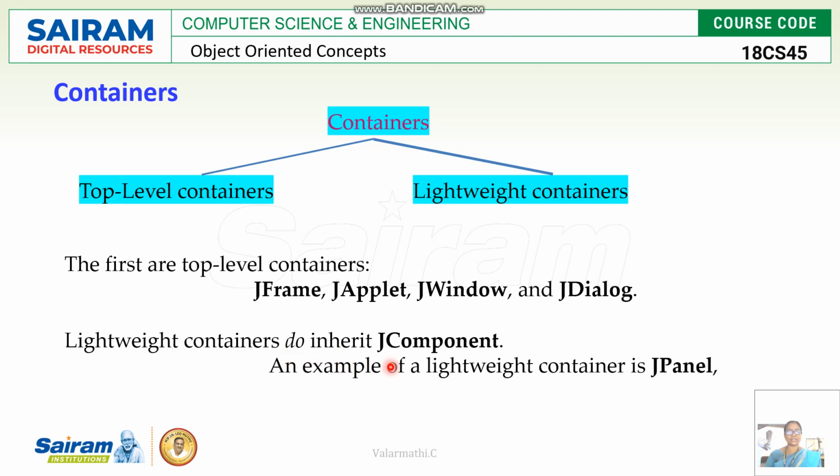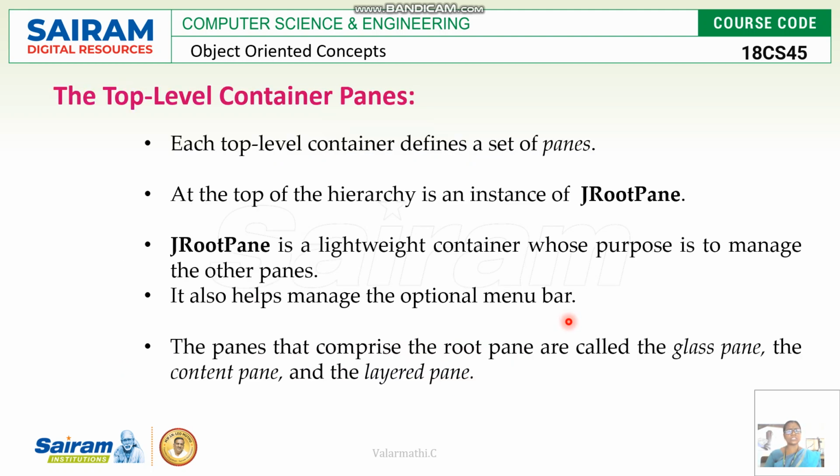And these lightweight containers are inherited from JComponent. A top level container has a set of panes, which are derived from JRootPane. The difference between the normal pane in AWT and JRootPane is that JRootPane is a lightweight container, mainly used to manage the menu bars.